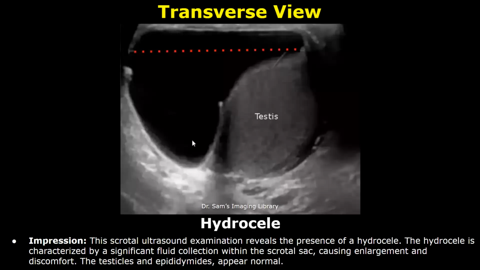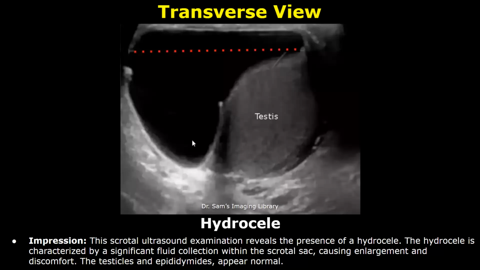And finally, you can write the impression. The scrotal ultrasound examination reveals the presence of a hydrocele. The hydrocele is characterized by a significant fluid collection within the scrotal sac, causing enlargement and discomfort.